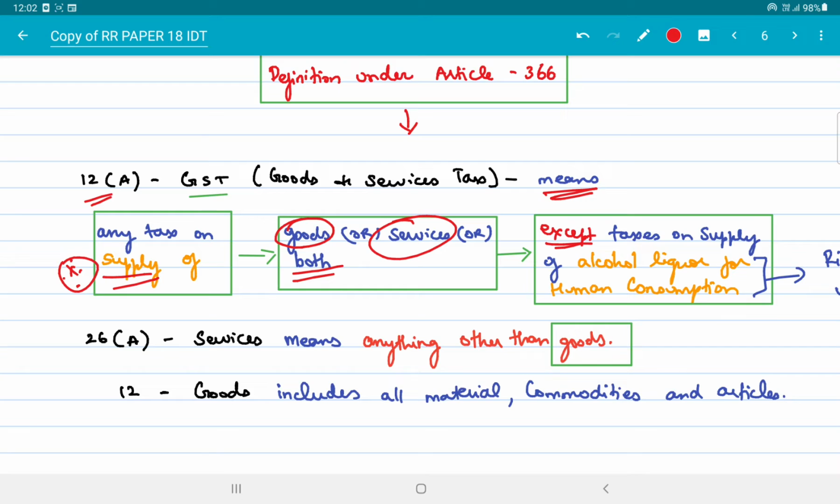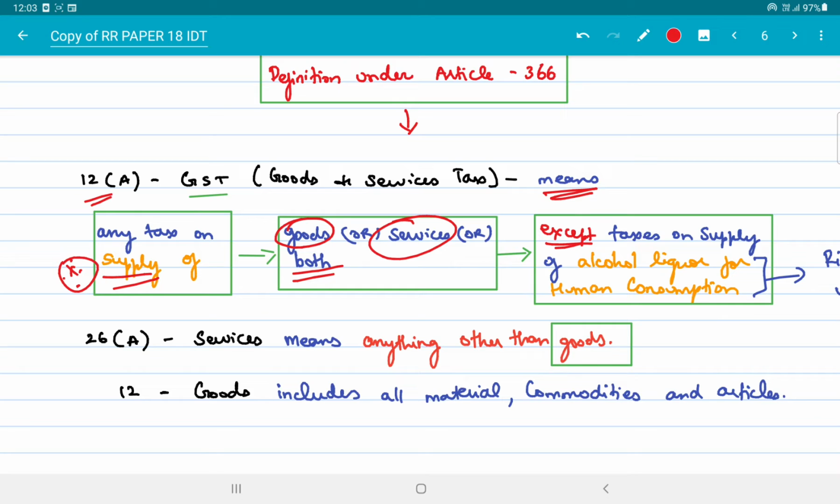Then only GST can be levied, which is impossible for the next 20 years minimum. So GST on alcoholic liquor for human consumption is kept out of the ambit of GST, very clearly defined in the Article 366(12A) GST definition.